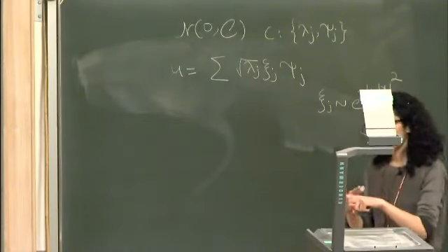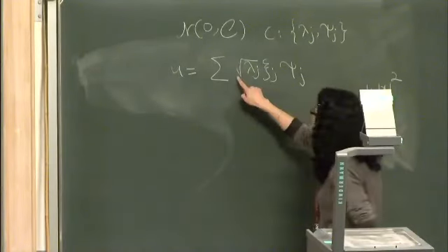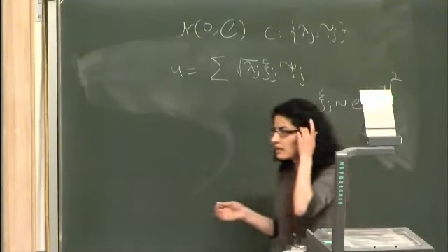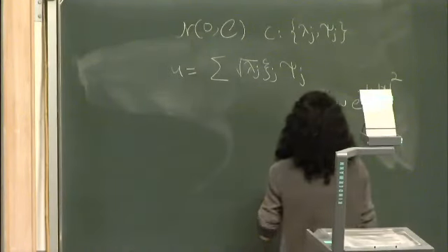So in each direction psi_j you have a standard Gaussian weighted by root lambda_j, and lambda_j and psi_j, as I said, are the eigensystem of C.